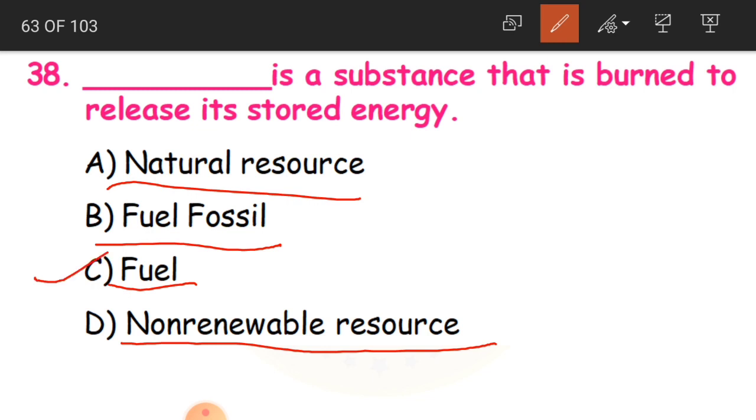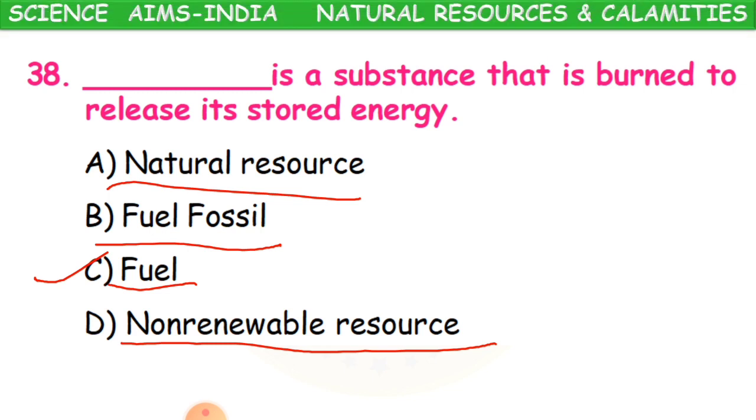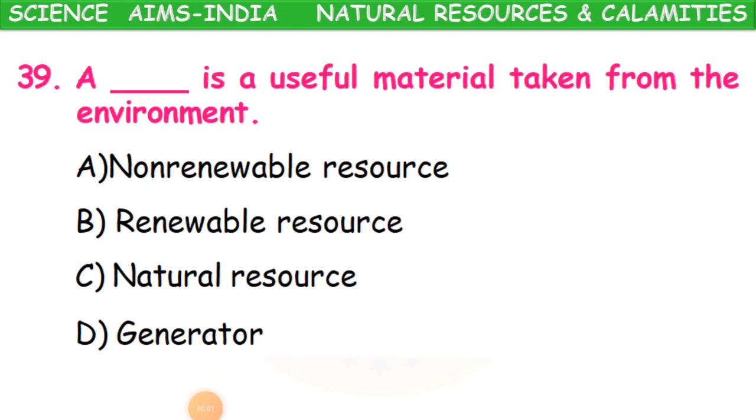For example, fuel in the sense like oil, gas, kerosene, diesel, petrol, all this. When it is exposed to heat, when it is burned, then it is going to release its stored energy. Okay, clear?